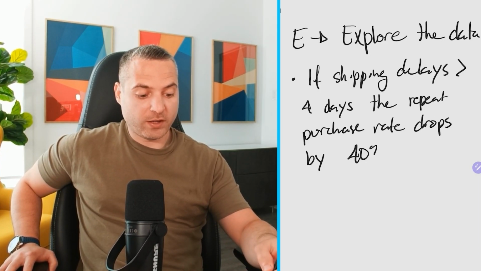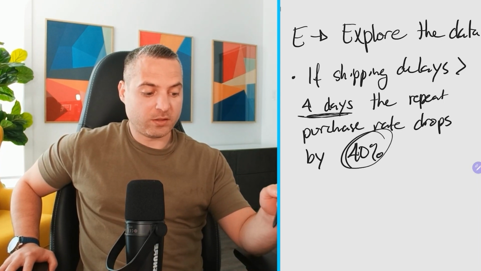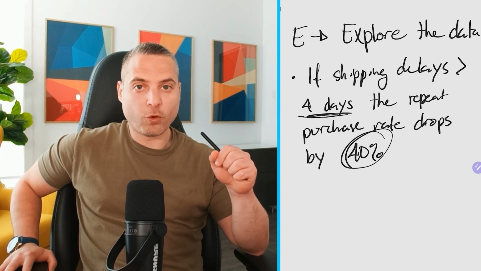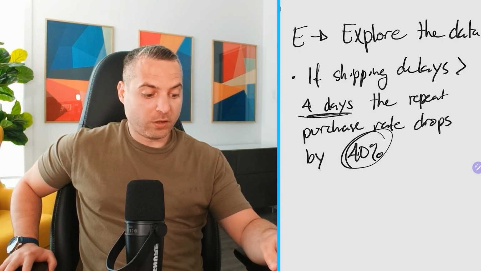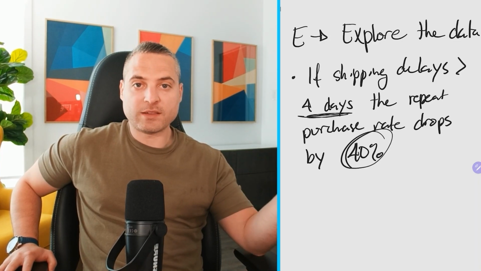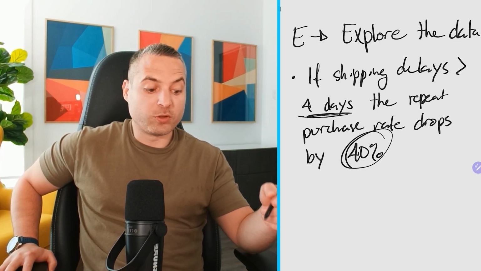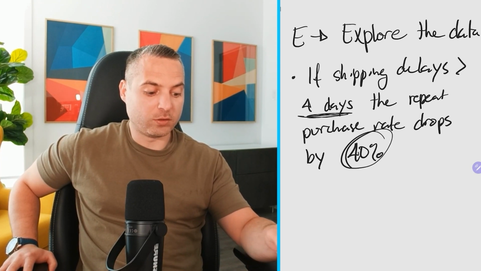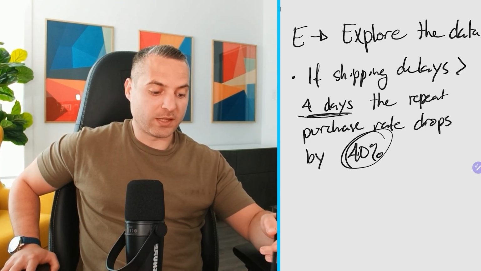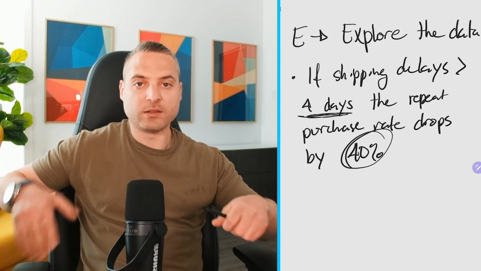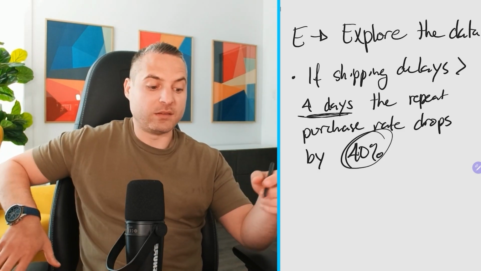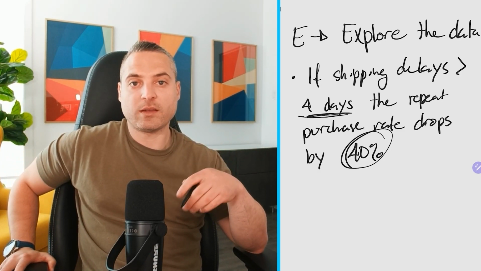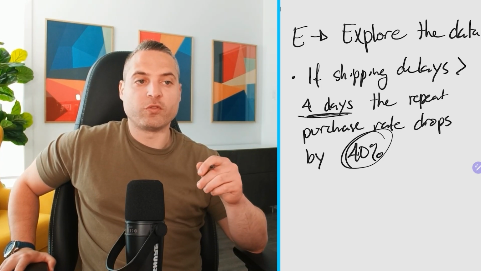Because if we find a way to prevent shipping delays from going over 4 days, this would probably solve this issue and we would get all of that extra revenue from those customers that would purchase again. Right, so I hope this makes sense. And 40%, then if the number of customers that experience 4 days delay is high enough, then you can run the maths and see exactly how this would affect, at the end of the day, your profit margin.